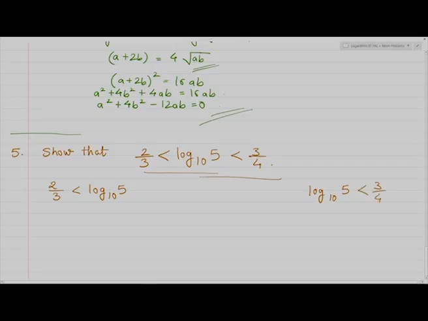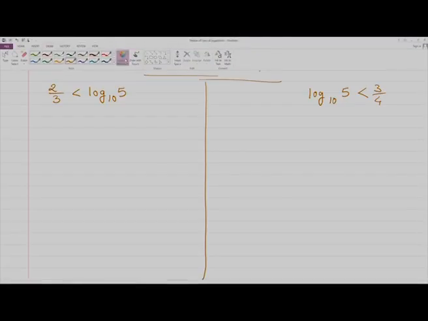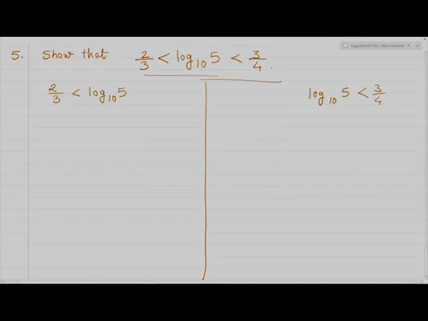Both of them will work on similar lines. So, I will do it parallelly. I will just put a partition over here and let us try to do it parallelly. Just choose a green color. Okay. So, here the term contains log, here the term does not contain log.